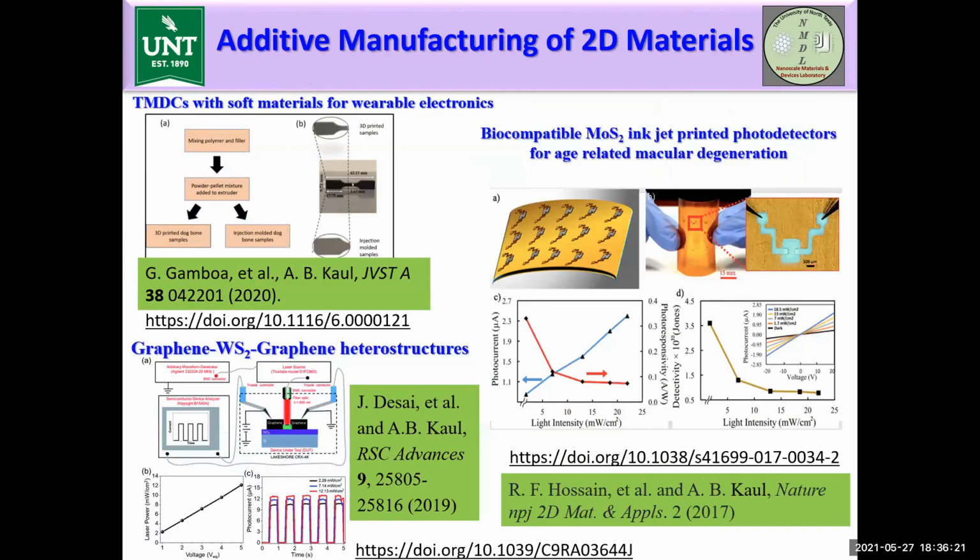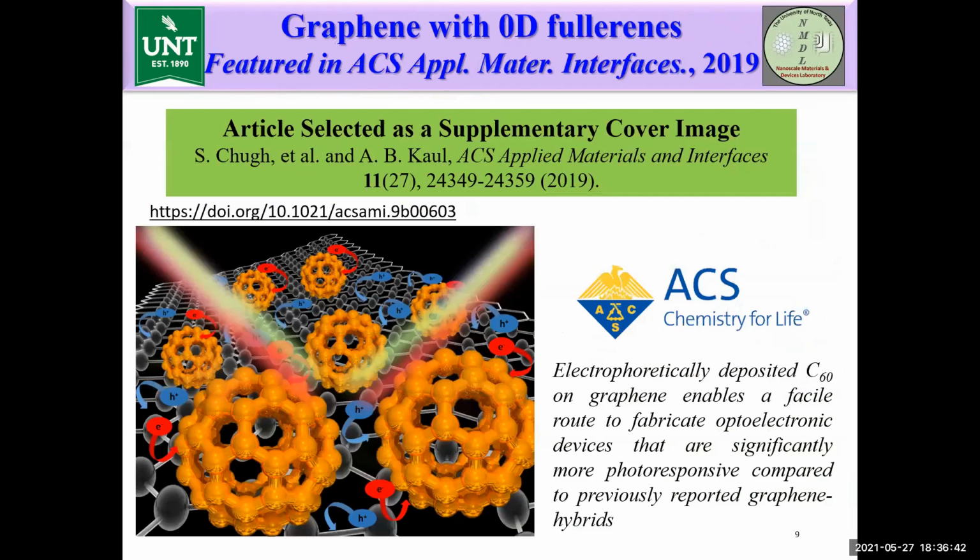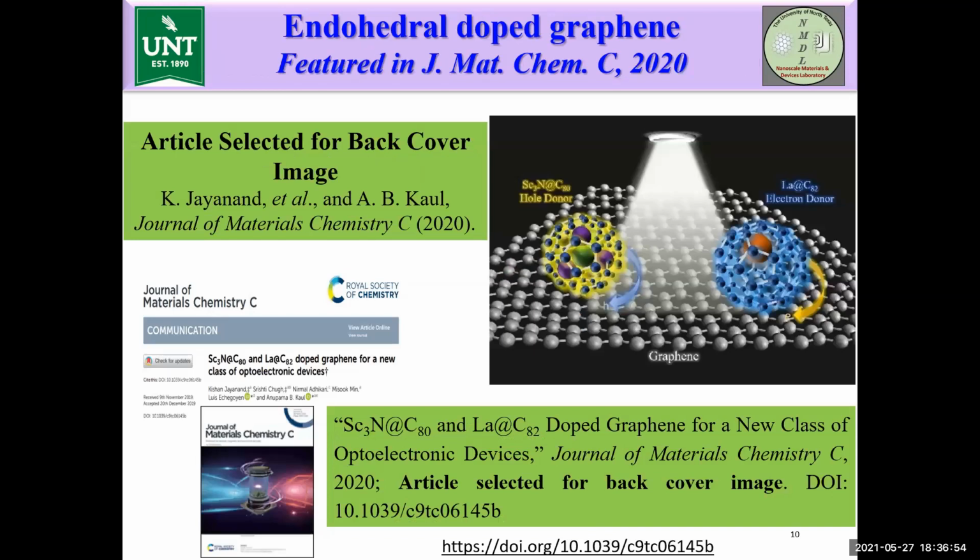We also published on additive manufacturing of 2D materials, biocompatible MoS2 inkjet-printed photodetectors. We recently published an article on organohalide 2D layered perovskites in Applied Materials and Interfaces, and one of our articles was selected as a supplementary cover image in ACS Applied Materials and Interfaces. One of our articles on hydrogen-doped graphene was also selected for the back cover image of Journal of Materials Chemistry C.